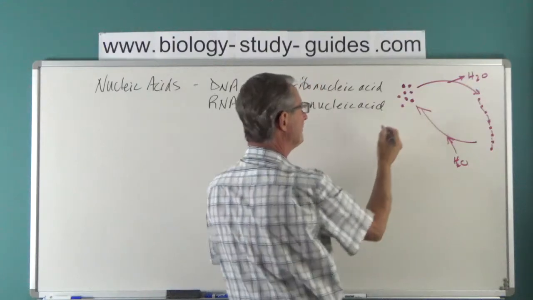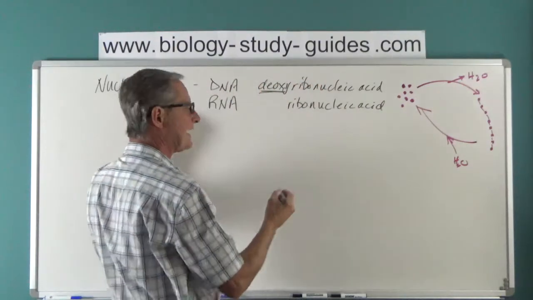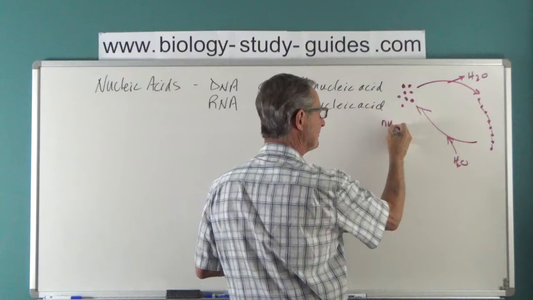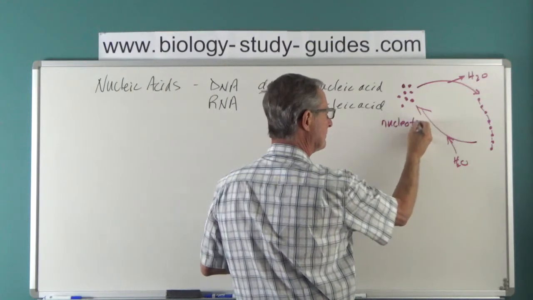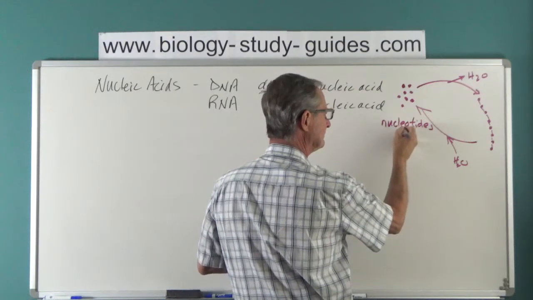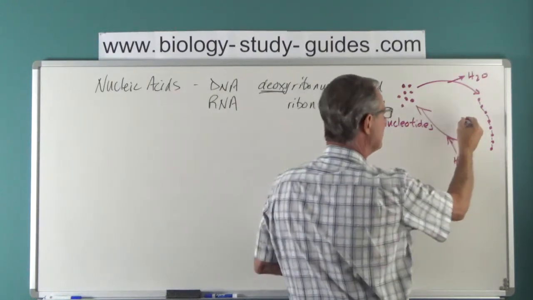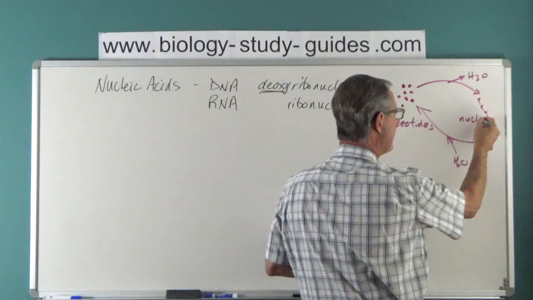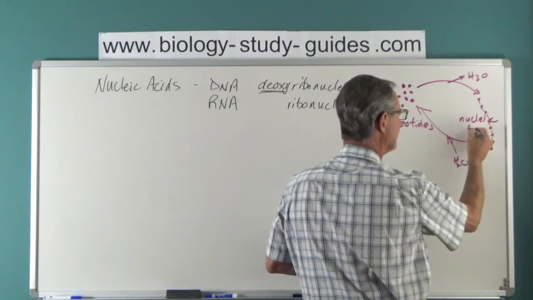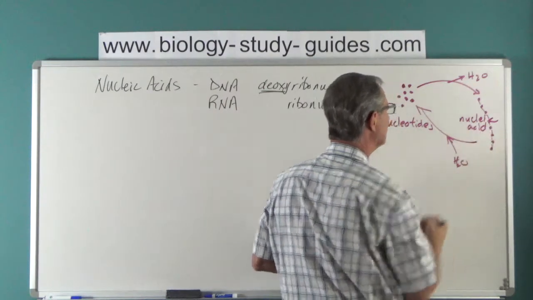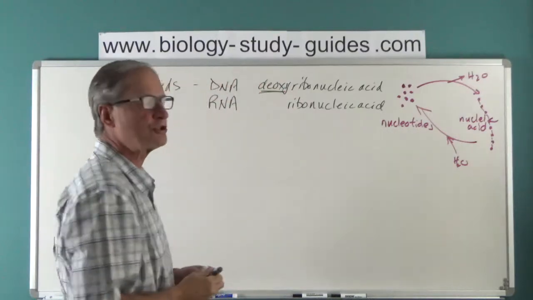These monomers for nucleic acids are called nucleotides, and these are the polynucleotides, or the nucleic acids. So that's a good starting point.